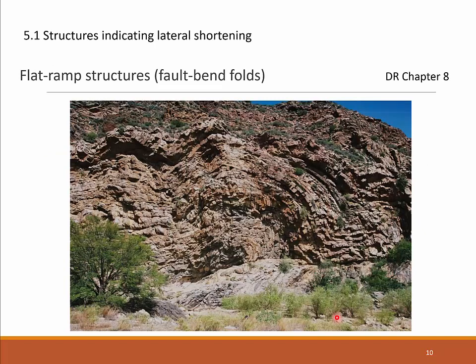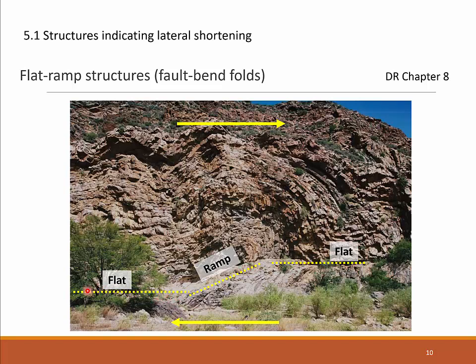The next typical feature that we find in the brittle ductile transition are flat ramp structures, which are also often referred to as fault bend folds. On the image here we see a flat ramp structure from the Cape Fold Belt in South Africa, and of course it contains the important brittle features that would be a ramp structure that connects an upper flat and a lower flat fault.